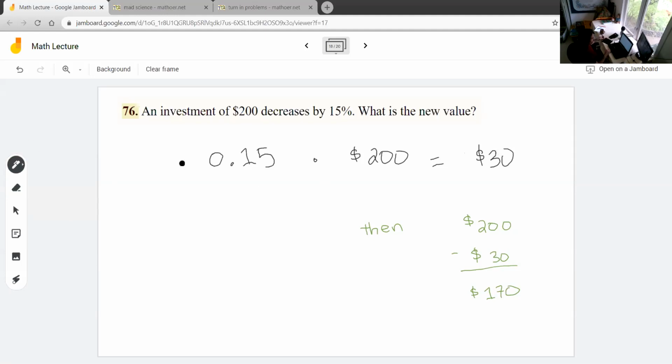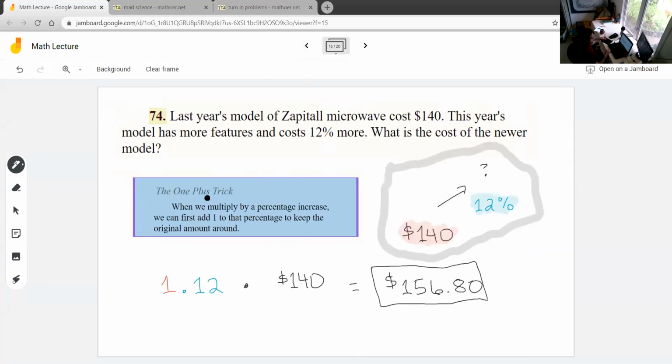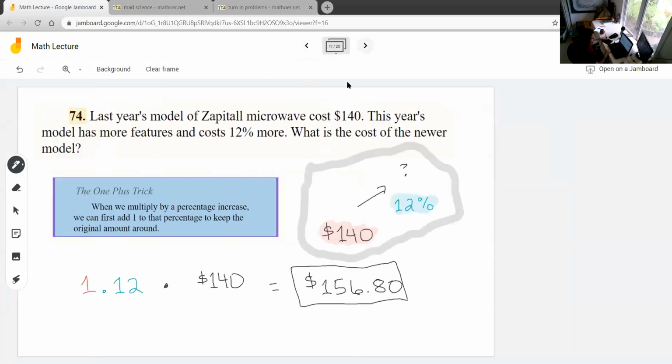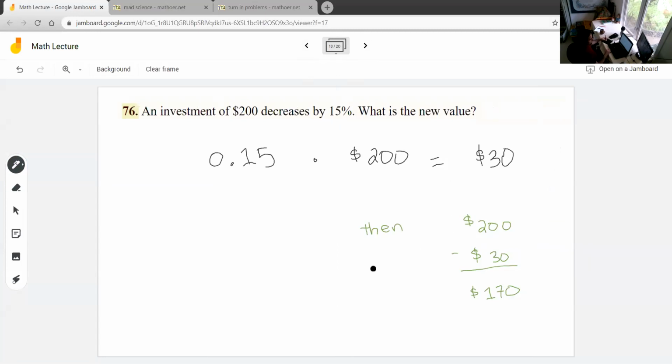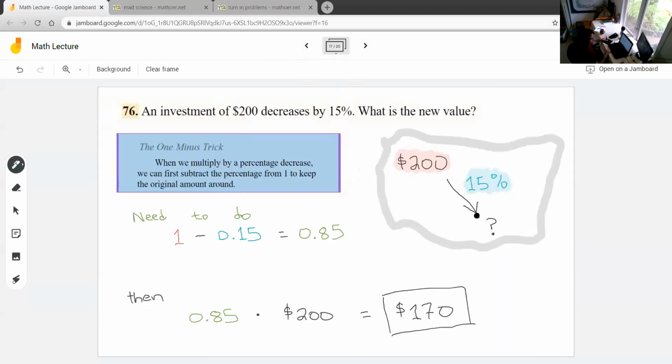So there are plenty of Math 20 students that like the 1 plus trick, but they don't like the 1 minus trick. This is just a little bit less natural. And so for minus, they just do 2 steps, and that's fine. If you're in that camp, great. There's no problem doing math that way. If you like the tricks, there is a trick for going down.